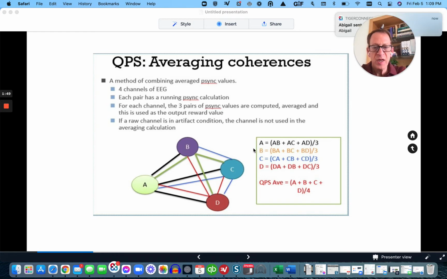That is then utilized to reward or inhibit multivariate coherence during the actual training itself.